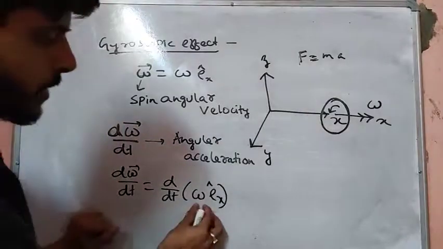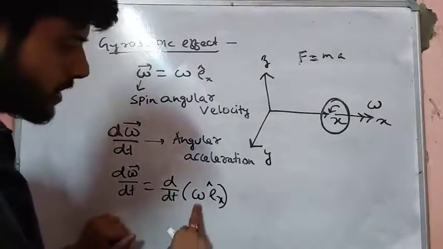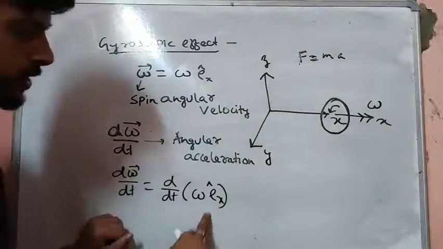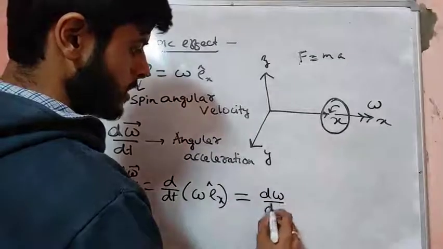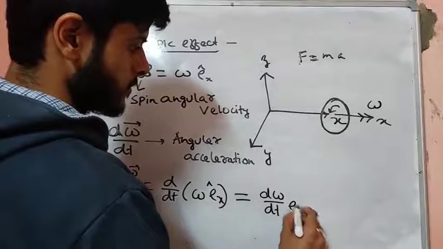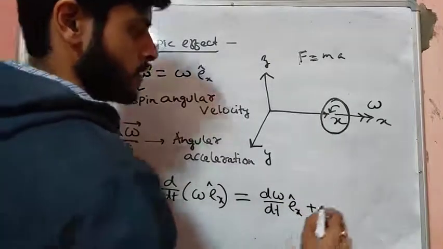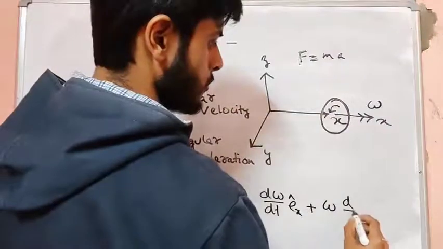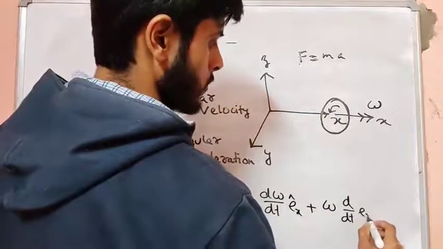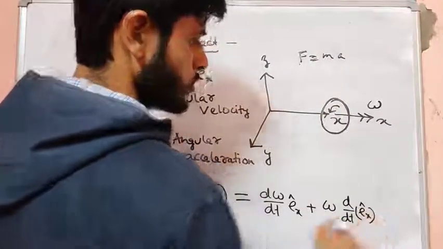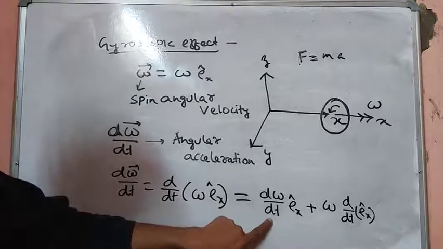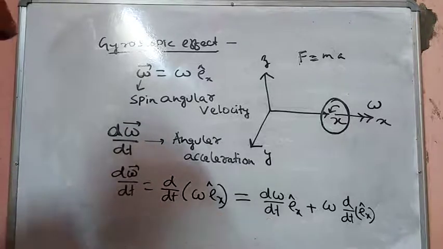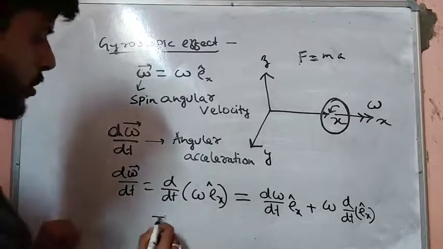Now you see, the differentiation of a scalar multiplied with a vector, right? What do we do? We use the product rule: d omega by dt times ex plus omega times d/dt of the ex vector. Okay, so the product rule of differentiation has been used. So d omega by dt is nothing but our rate of change of angular velocity, which is omega dot.